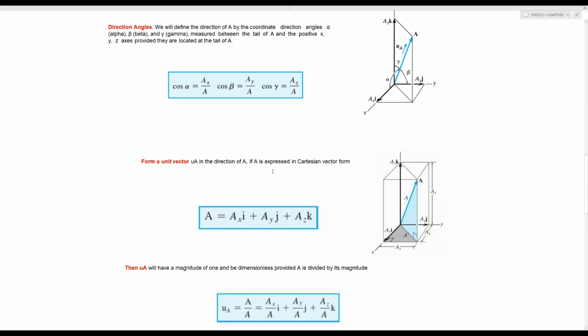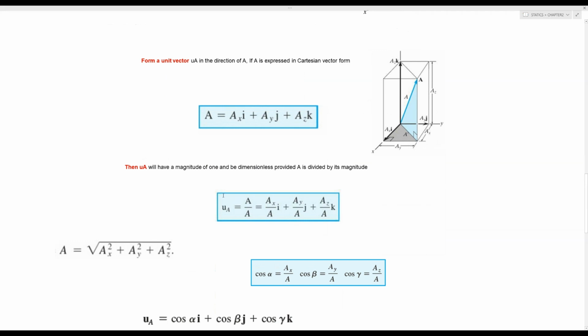Now, if we were to form a full unit vector, we know that A is equal to Ax i plus Ay j plus Az k. The unit vector has a magnitude of 1 and is dimensionless. If we divide the whole formula by the magnitude A, the unit vector is equal to A over A plus Ax i over A plus Ay j over A plus Az k over A. We haven't changed anything.